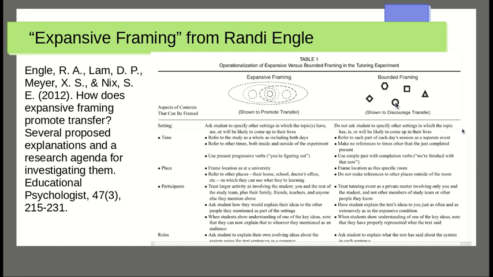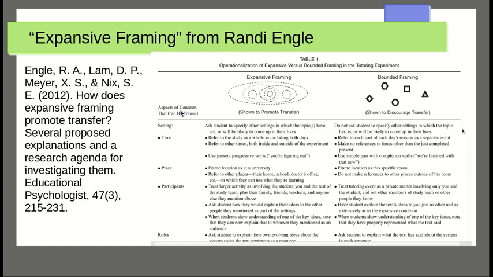And one of the main claims in the article is that expansive framing is shown to promote transfer, whereas bounded framing is shown to discourage transfer. And then there are also, in this screenshot, some aspects of contexts that can be framed.